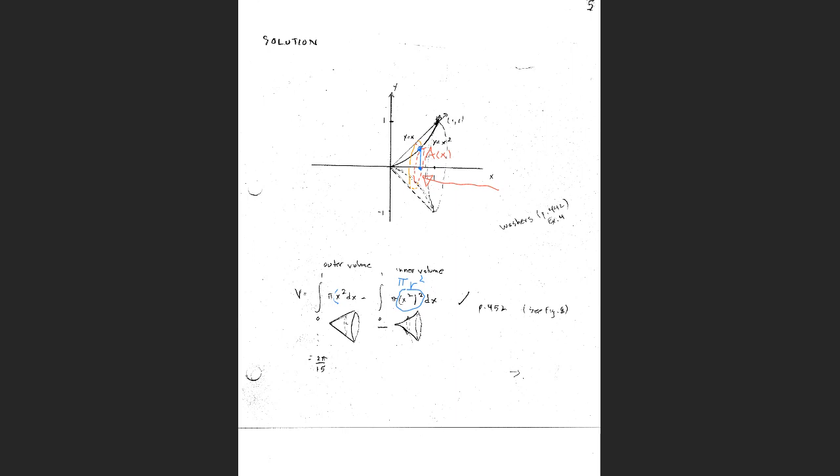And the radius, let me just erase this here. The radius for that circle, let me just kind of draw it here. So another circle.